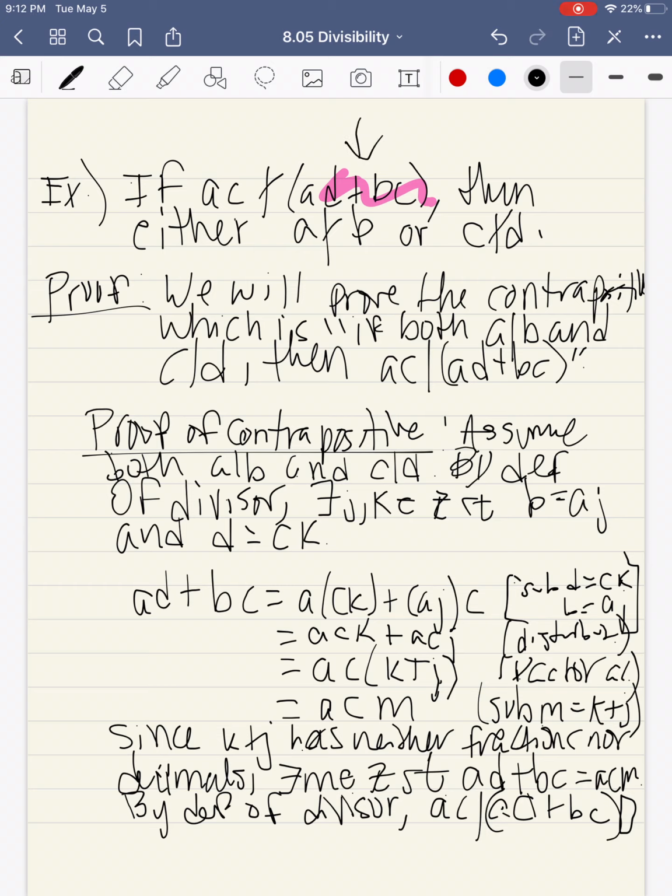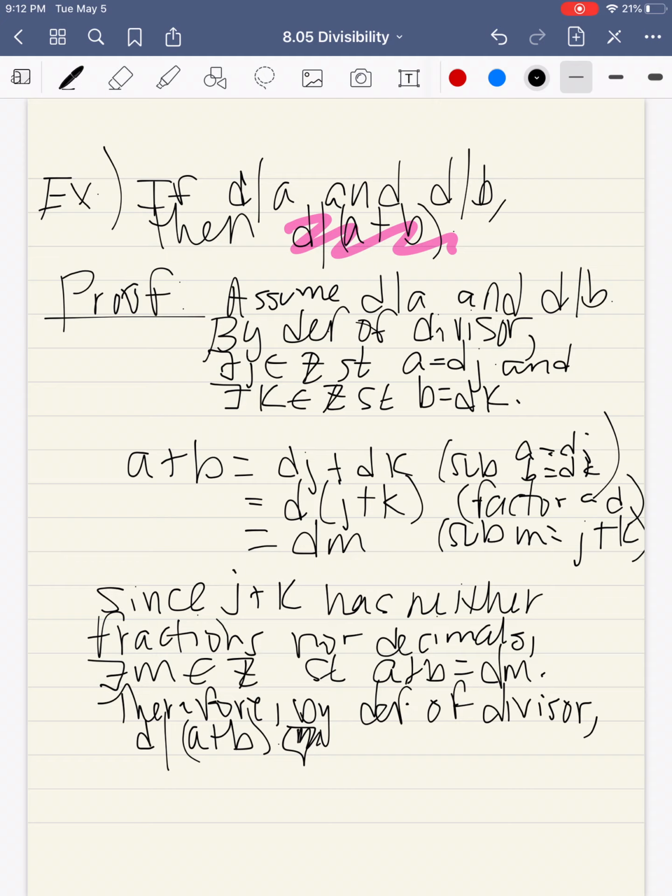So we negated the if and the then, and we flipped them, and then showed the contrapositive. So pretty much a direct proof here. I feel like divisibility is a little bit easier than what we were doing before.